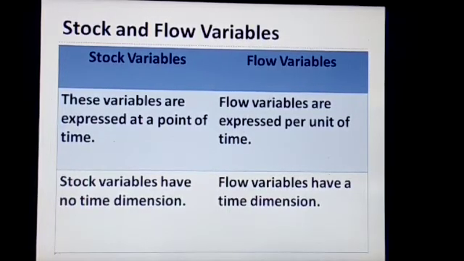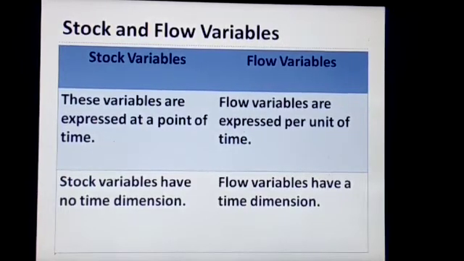And flow variables are expressed per unit of time. If I say that I earn an income of 5,000 every month, that is per unit of time. It is expressed over a period of time, right?